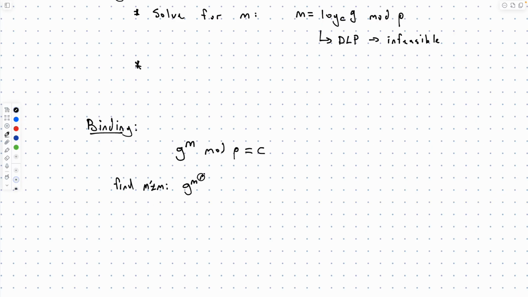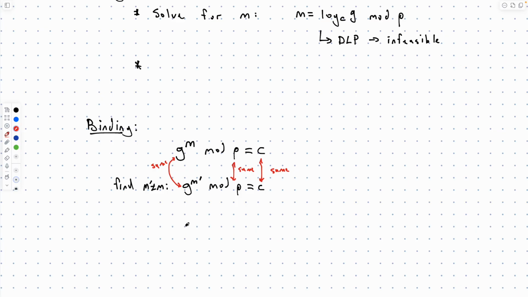What's the property I need? I need g to the m prime mod p to also equal c, the same c. This number has to be the same, and it has to be the same p and the same g, since that was defined.